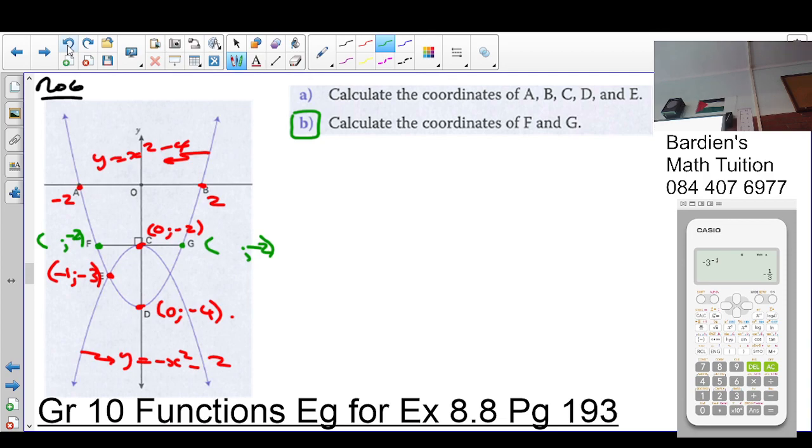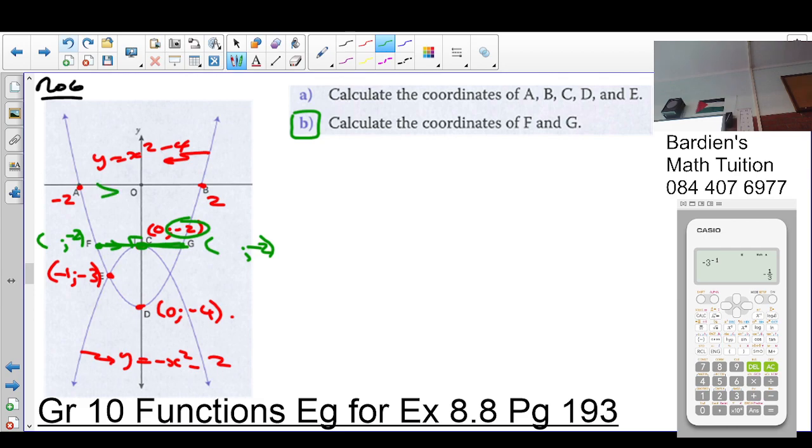In the equation of this parabola, why that parabola? Because F and G are lying on that parabola. But you should know from here because it's perpendicular, so it's parallel. So it's going through that line, which is parallel to your x-axis.